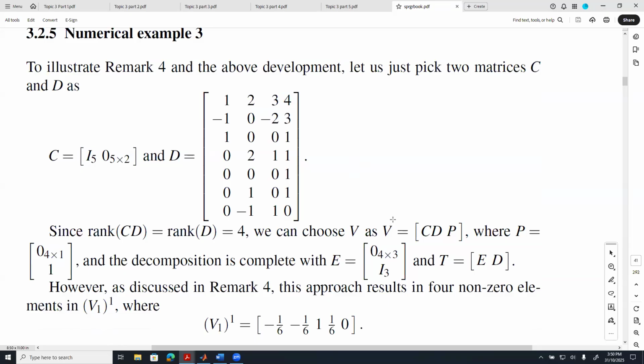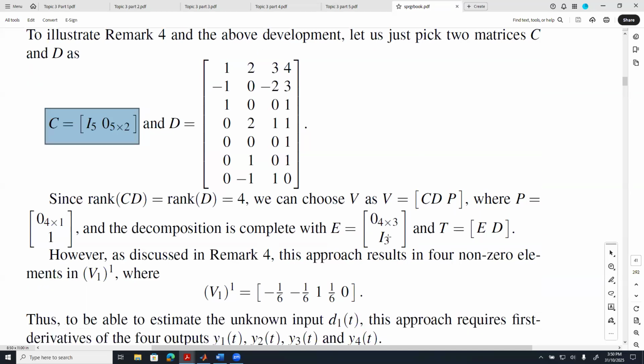If that is the case, then according to the matrix decomposition technique, we pick the matrix V where it contains the entire column there. The matrix P has this specific structure, and the matrix E has this specific structure because C is in canonical form.